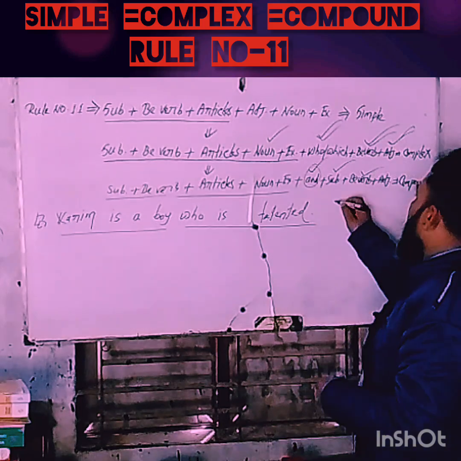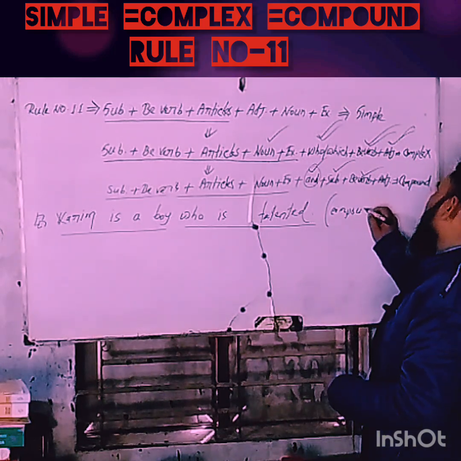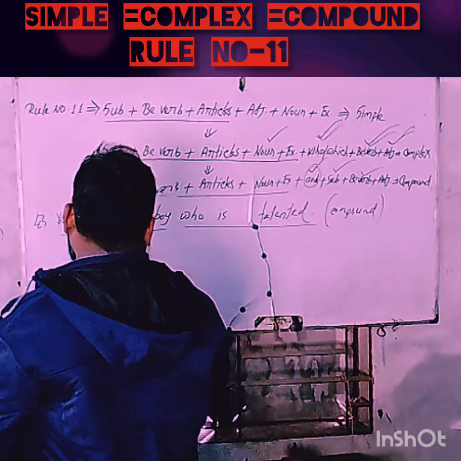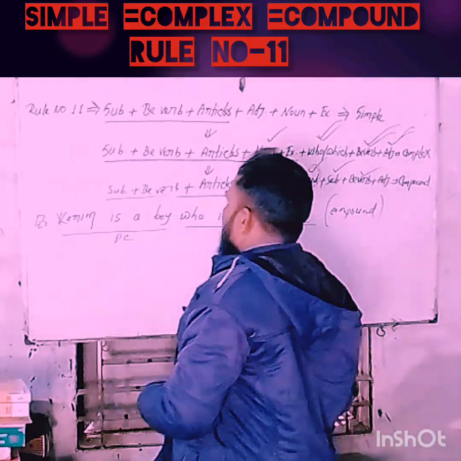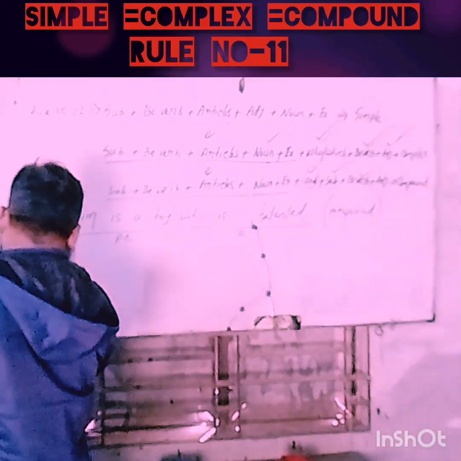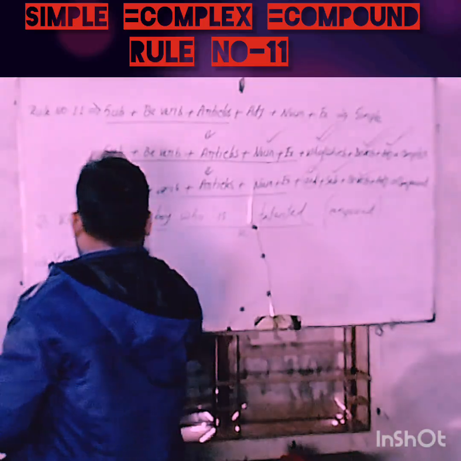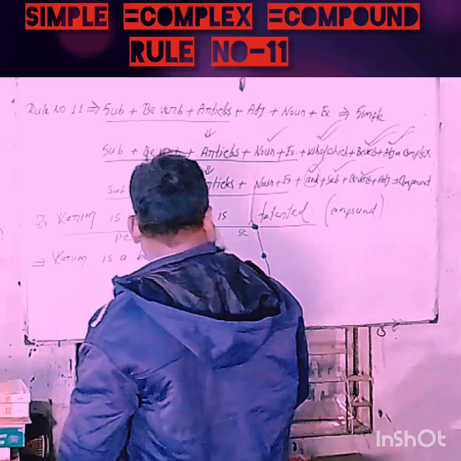Suppose we are trying to change this statement into a compound sentence. Learners, what steps should you take? You have to mind that there is no change of the principal clause. So write the principal clause, Karim is a boy.